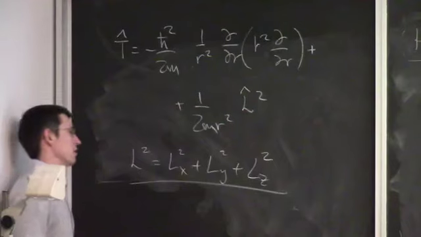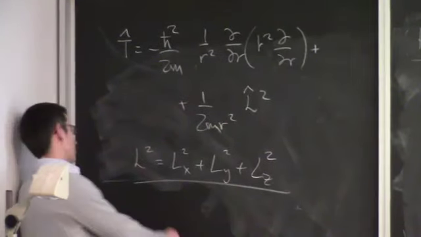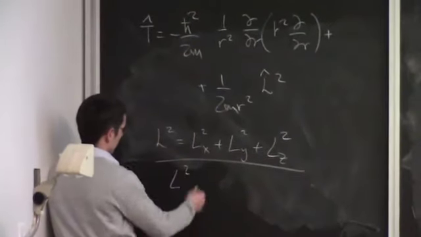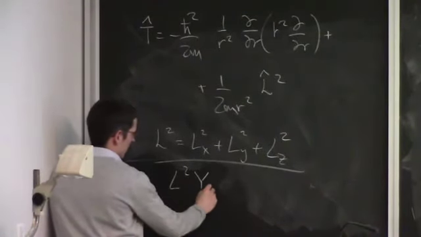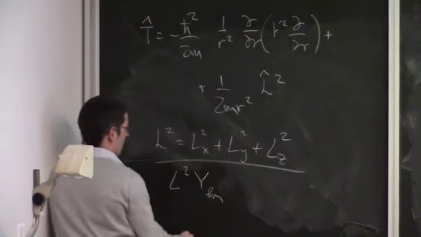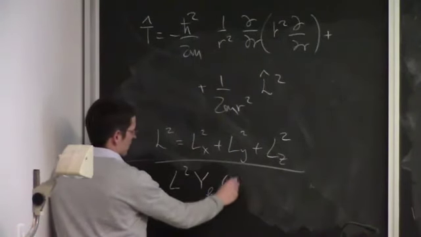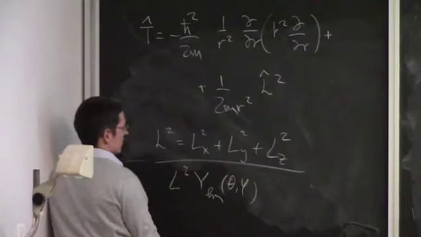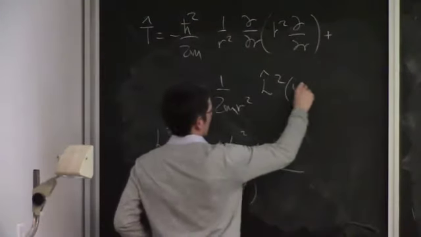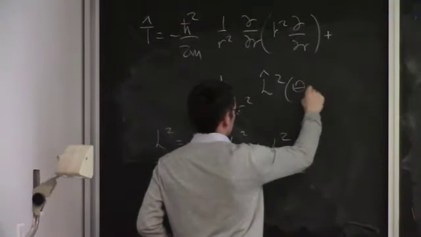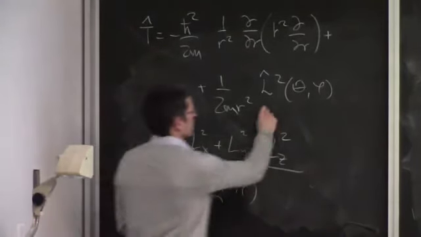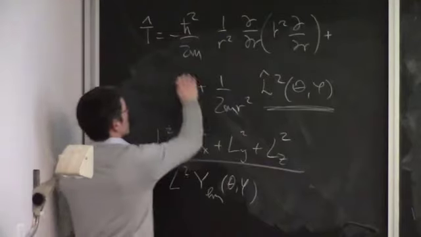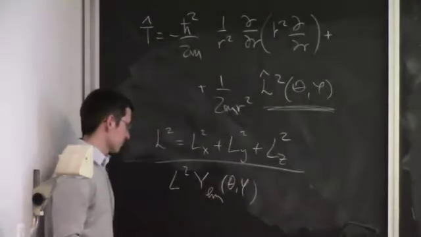And we were talking last lecture about how to find its eigenvalues and eigenfunctions. We established that there are eigenfunctions which are called spherical harmonics. They depend on theta and phi. These are angular parts, all right? And this is a radial part.